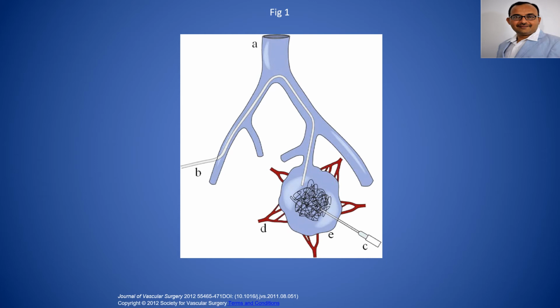So what happens if we don't do it? Then there is a high flow vascular malformation, and if we inject the ethanol, it will wash out very quickly. So it requires a very high dose of ethanol, and you know that if we use more ethanol, then there are lots of chances of ethanol toxicity.